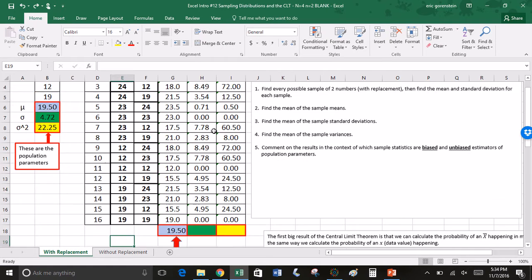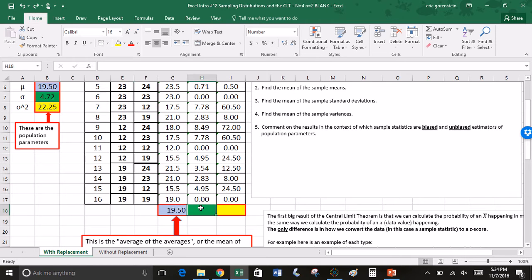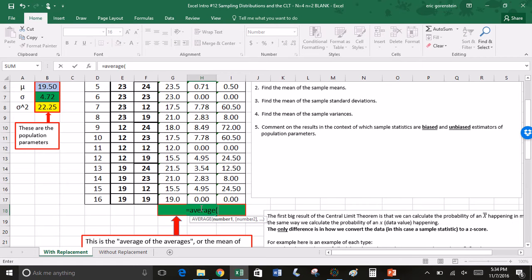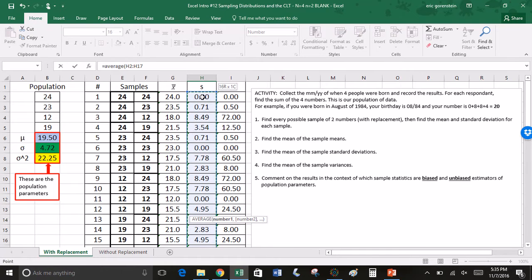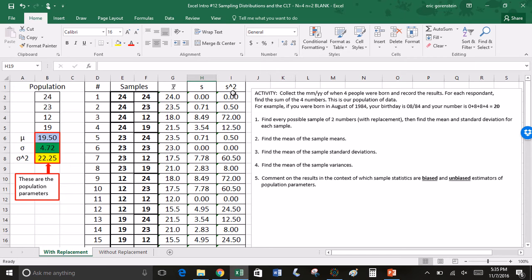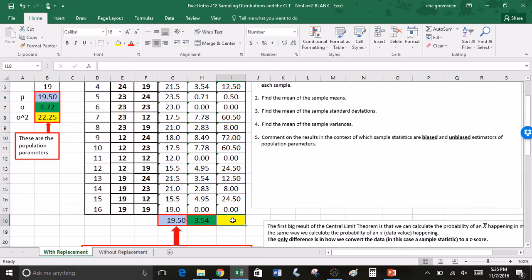Standard deviation. So let's look at the average value of all of those sample standard deviations. Okay, so the average of those 16 standard deviations, well, that's 3.54. So this should always underestimate the value of sigma, or the population standard deviation. But for the variance, let's see what happens.